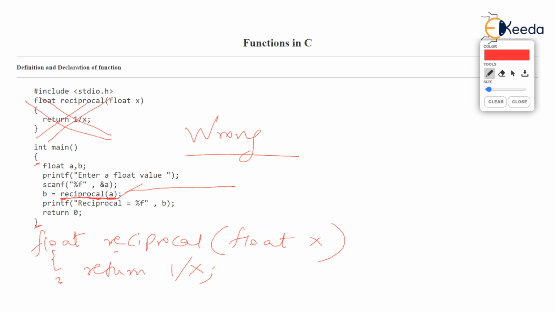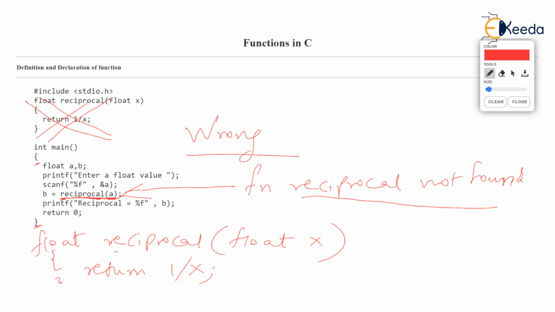Why does this happen? The error, by the way, is reported at this line, at the call, and the error is: function reciprocal not found. Actually, this is not the exact error. The exact words are: function reciprocal must have prototype. Don't worry, I'll tell you what a prototype is, but I have written the same error in readable words so you can understand that what C is complaining about is that there is no function called reciprocal in this program.